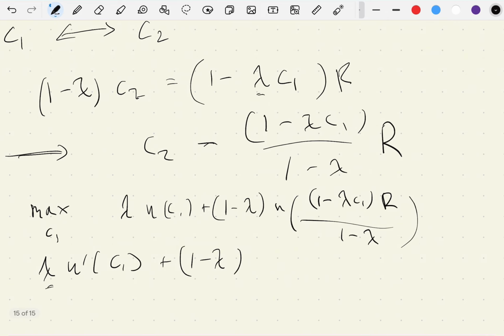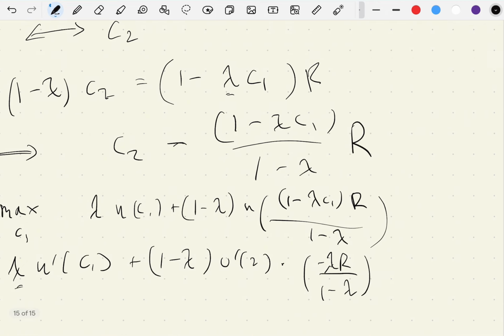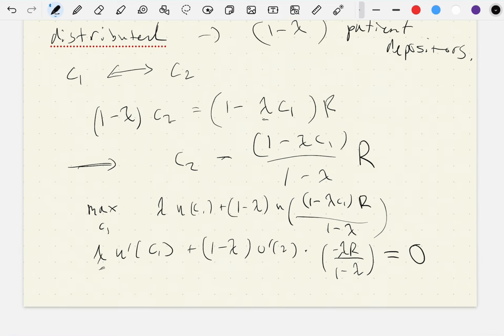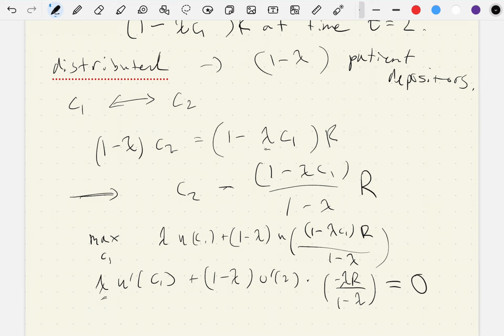Okay, so this again is the probability of an agent being impatient, the probability of them being patient, times the derivative of this scaled by the factor of negative lambda times the return over 1 minus lambda, and then we're setting that equal to 0.